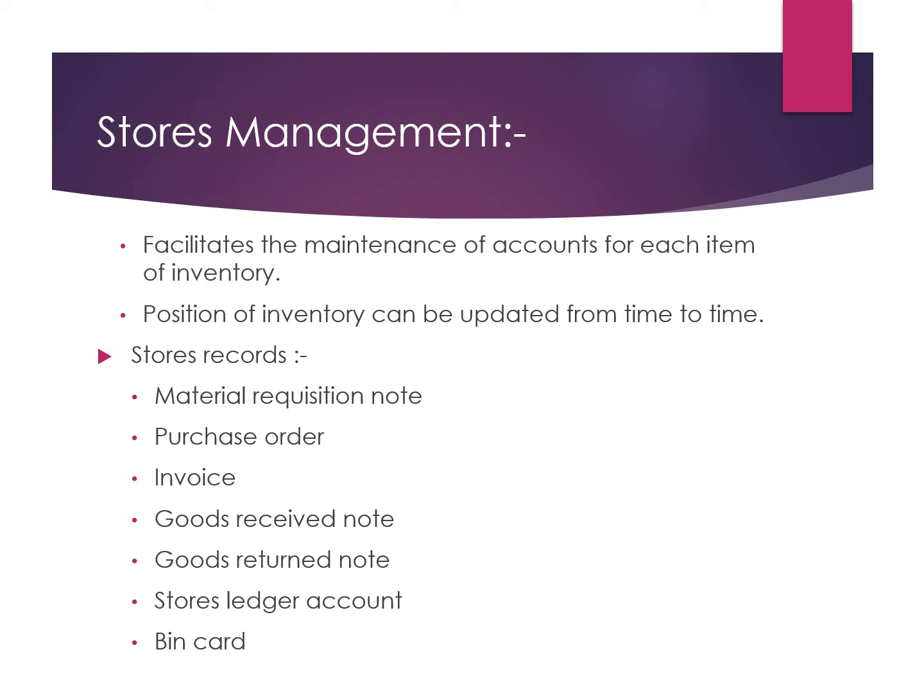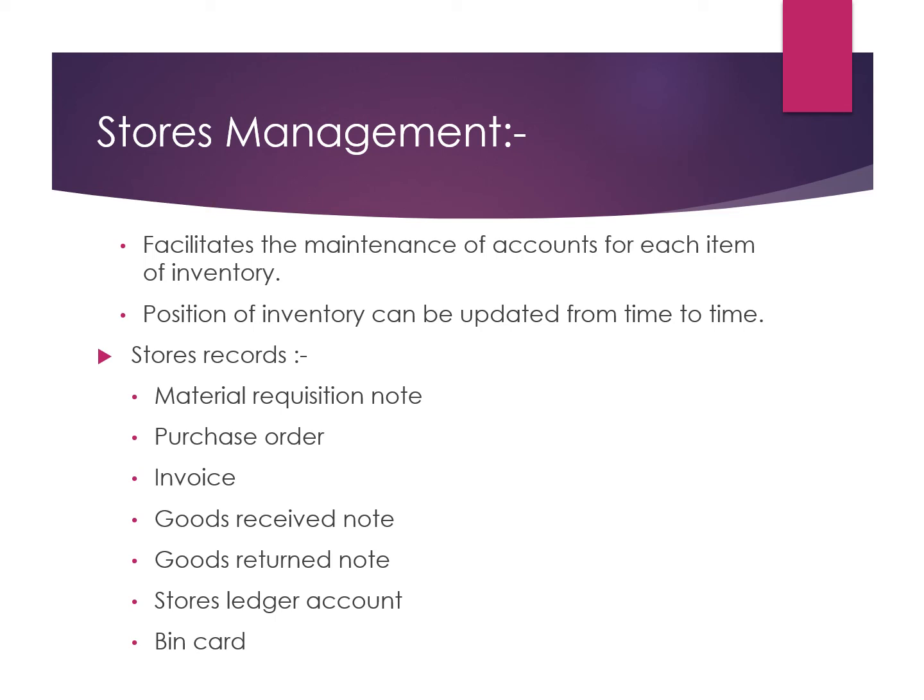Out of which the first one is the material requisition note. A material requisition, also known as a material requisition form or a material request, is a document used by the production department to request materials they need to complete a manufacturing process.